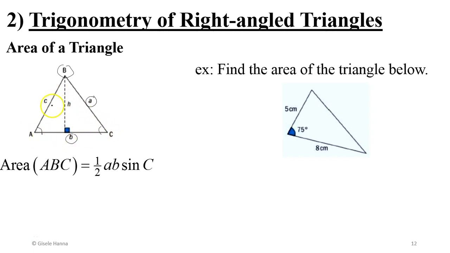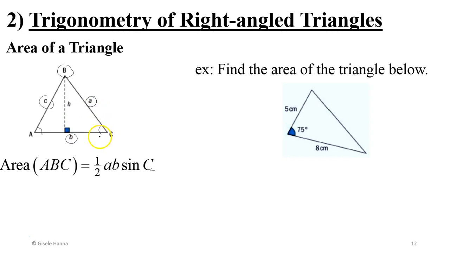And opposite to angle C, we would call the opposite side lowercase c. So according to the formula, the area of triangle ABC, relative to angle C, is half times the product of the sides that are adjacent to angle C times sine C.